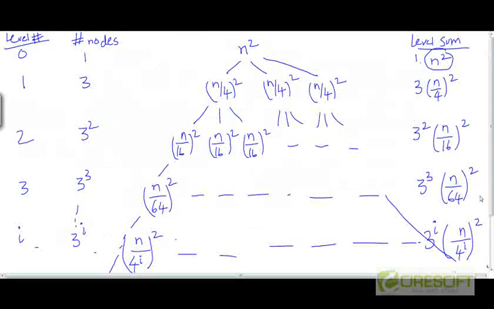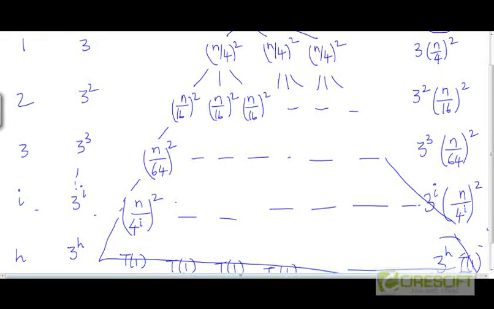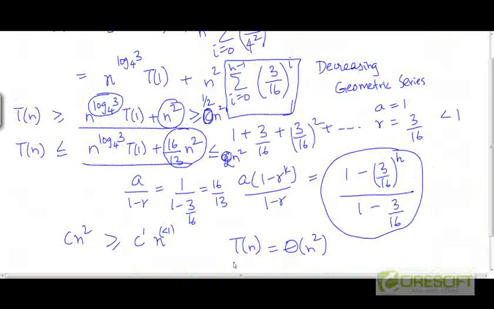And again, we note that n square is also the asymptotic complexity of the very first term in this geometric series. The value of the common ratio was 3 by 16, which is less than 1, and so this was a decreasing geometric series, and so the first term of the geometric series is going to determine the overall complexity of T of n, which is theta of n square.